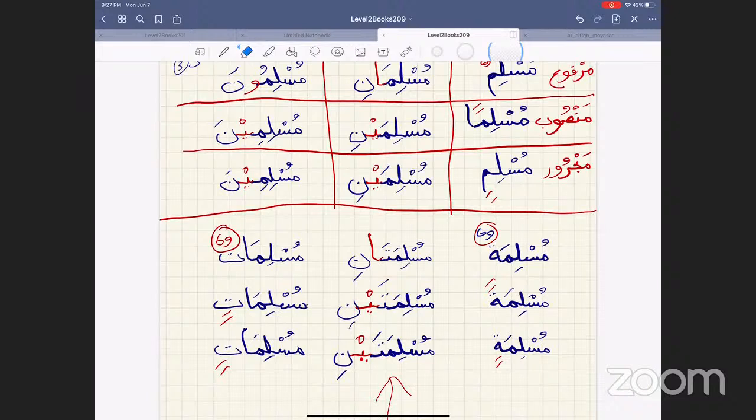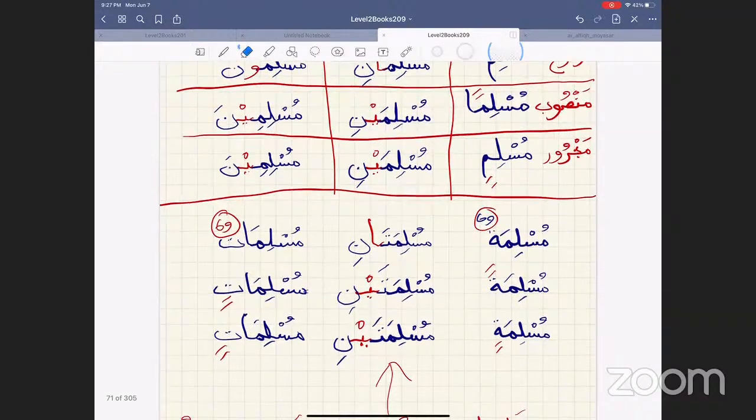This will help solidify the alamatul i'rab, the signs of i'rab, the sign of a word being marfu', mansub, or majroor. When you memorize this chart, you think, okay, that's a dual word, and it's marfu' or mansub or majroor, depending on what it's doing in the sentence. So it has a very important part.